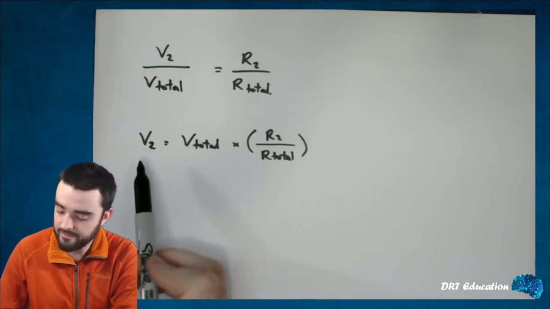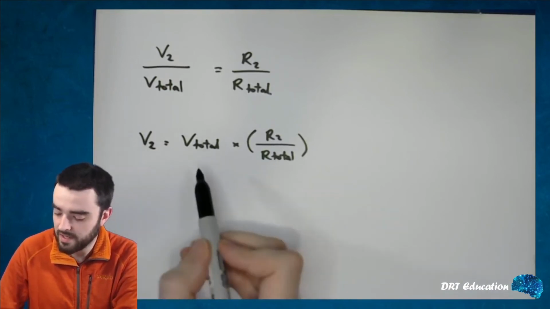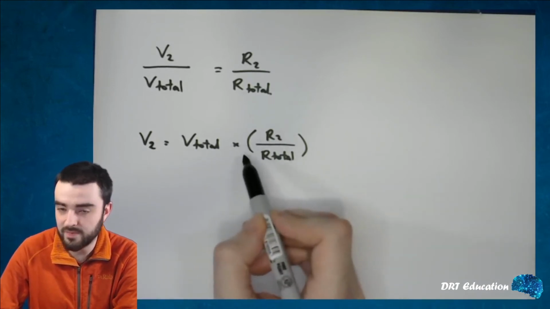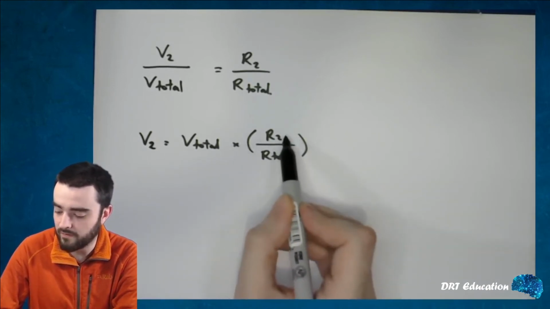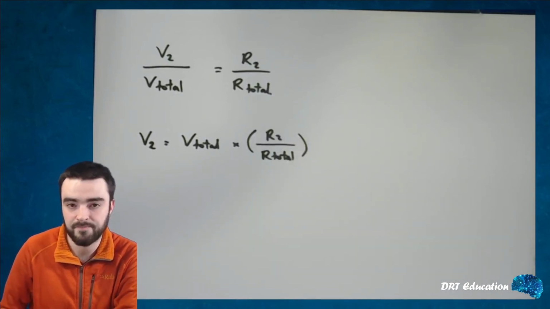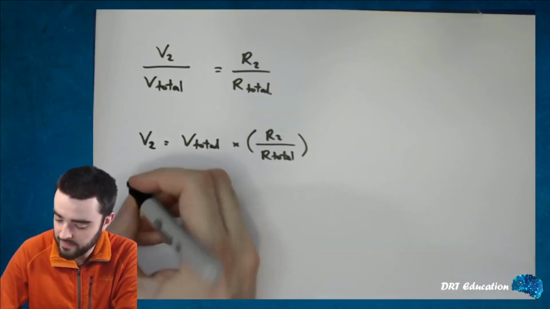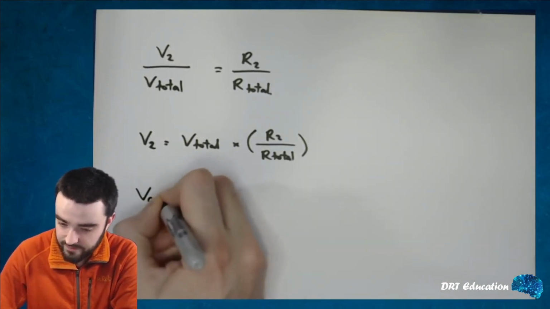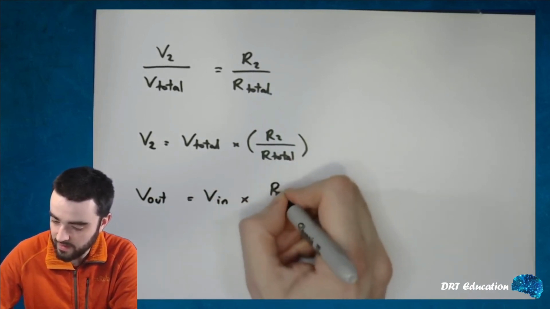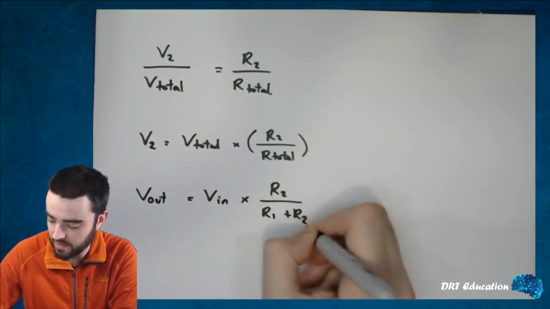So in summary, you can find the voltage or the energy transferred to a component by knowing the total energy being transferred in the circuit and multiplying it by the ratio of the component resistance and the total resistance. Now, sometimes this gets written out in a different way. It gets written out like this: V out is equal to V in times R2 over R1 plus R2.